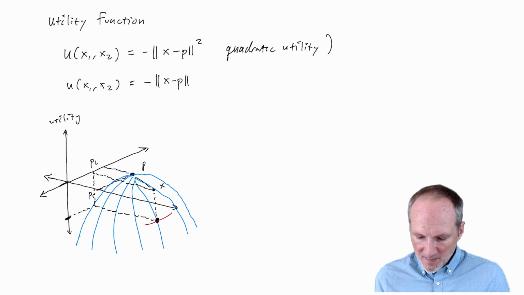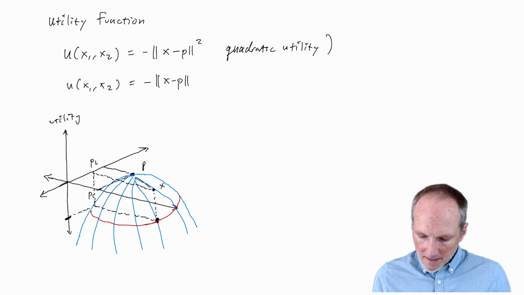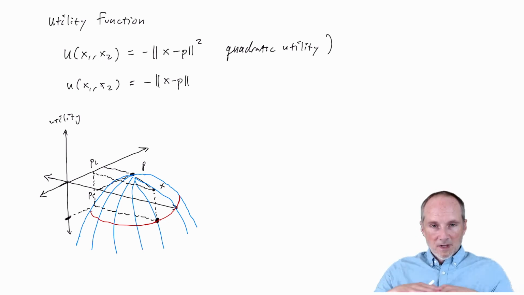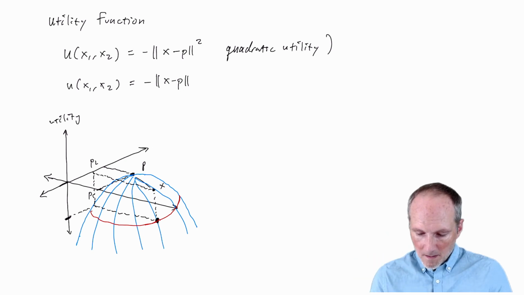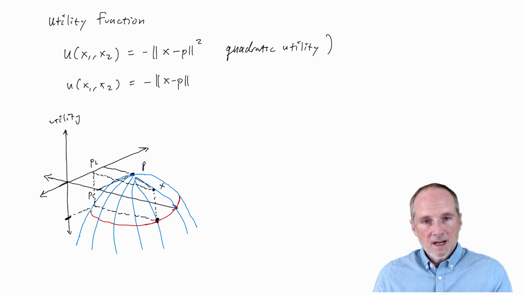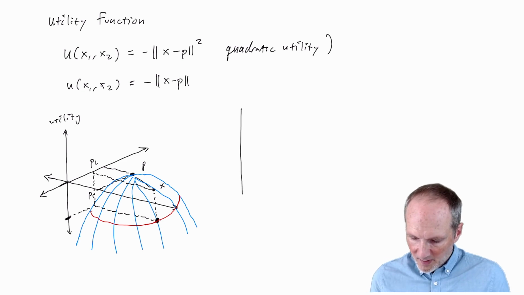So we would sweep out something like this red shape here, and now we're below the plane. If we looked up, we would be underneath a bunch of policies that all have the same utility as x. Okay, so now let's look at that set of policies.